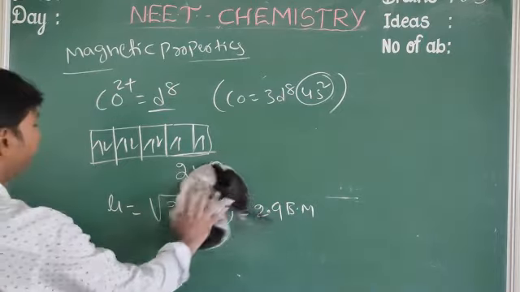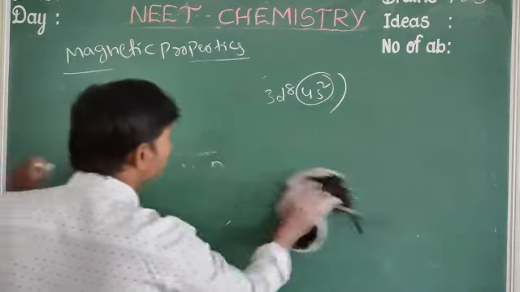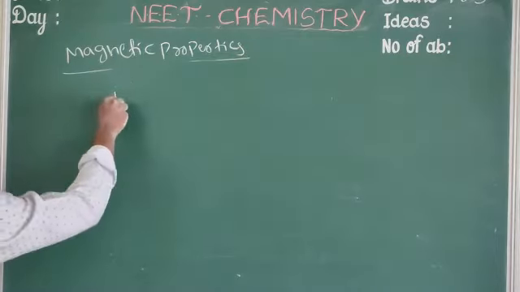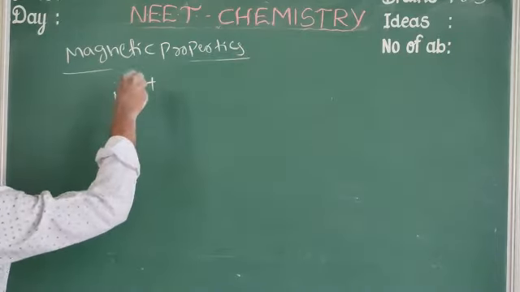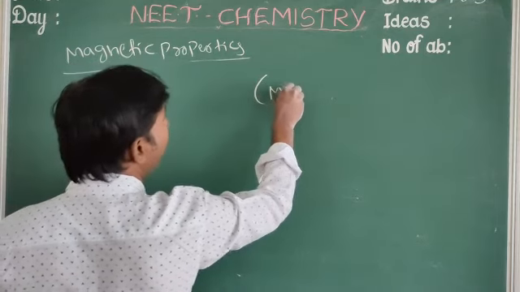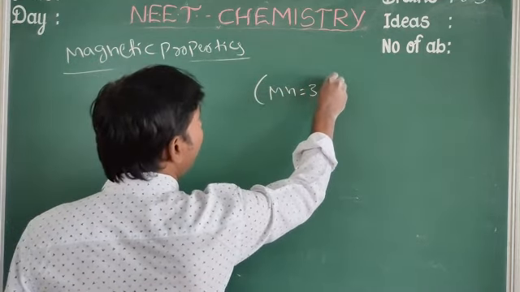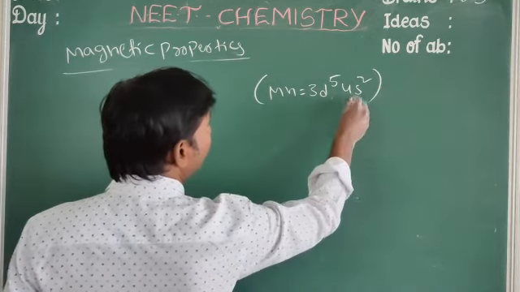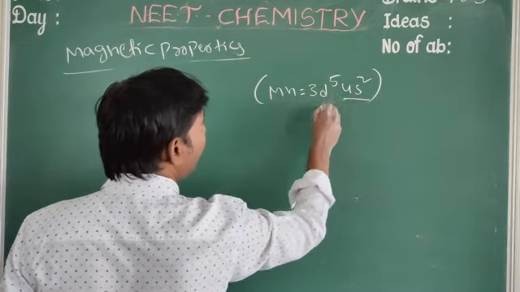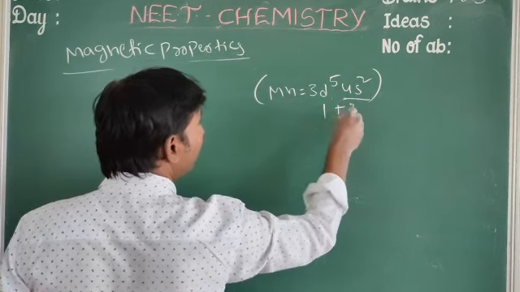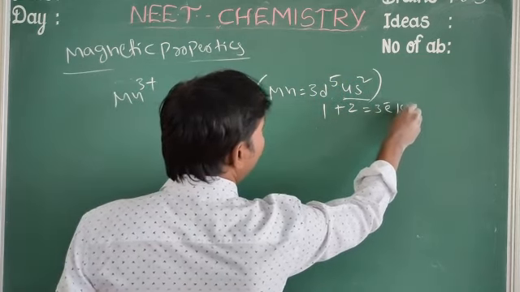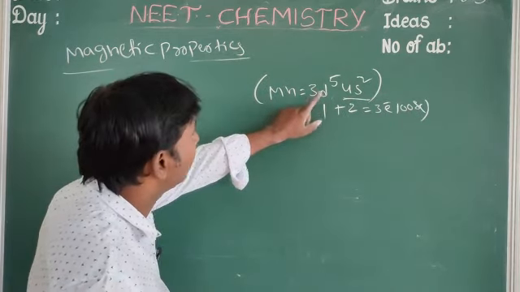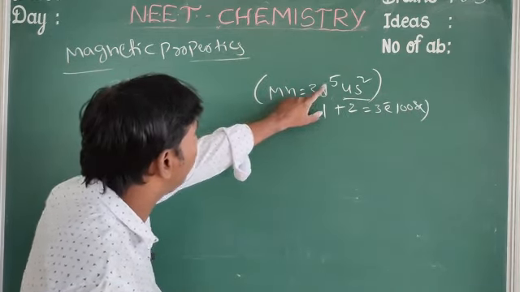Next, manganese 3+. Manganese configuration 3d5 4s2. Manganese 3+ means 3 electrons lost: 2 from here, 1 from here. Totally 3 electrons lost. 1 electron lost from d5, remaining is d4.